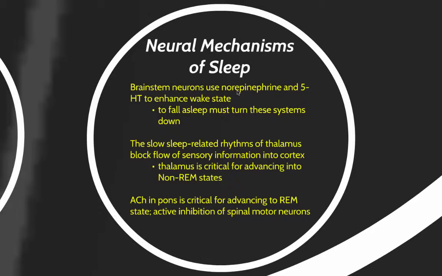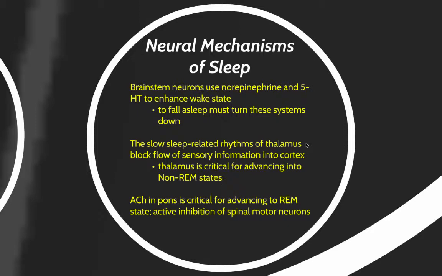During the non-REM states, the thalamus is the key component. The slow sleep-related rhythms that we saw in the previous slide are generated and maintained by the thalamus. These rhythms block the flow of sensory information into the cortex. Remember, the thalamus is the major sensory relay nucleus in the brain.